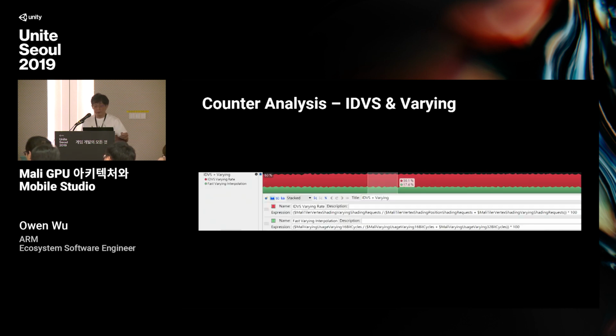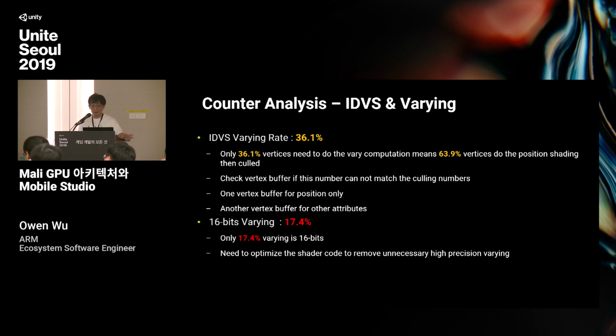So here is the IDVS and the varying chart. IDVS varying rate shows how many varying shadings are requested against the position shading. So we can see there are 64% of vertices which do the position shading and then are culled. And the other number shows how many varyings are 16 bits. In this case, only 17% of varyings are 16 bits, and 83% are 32 bits.